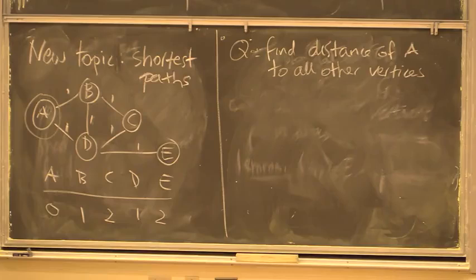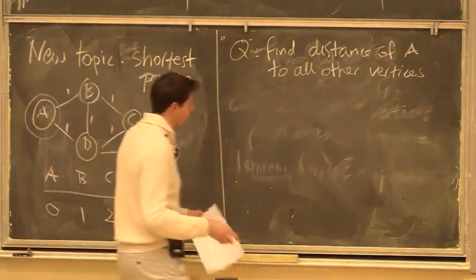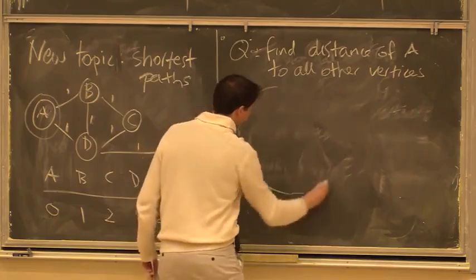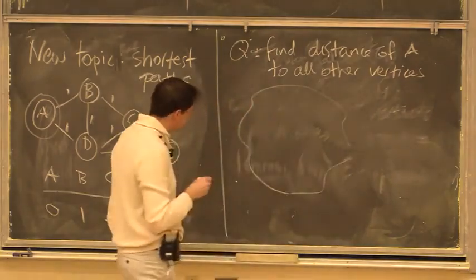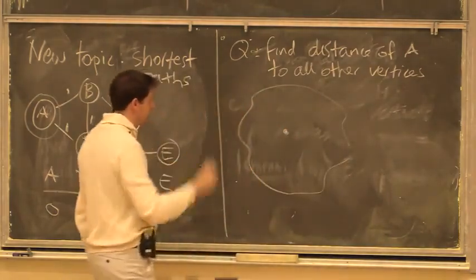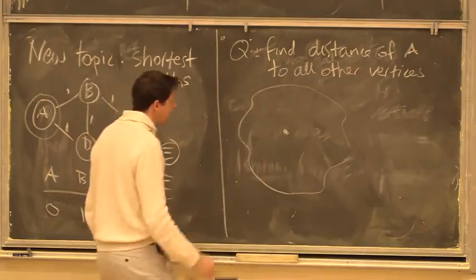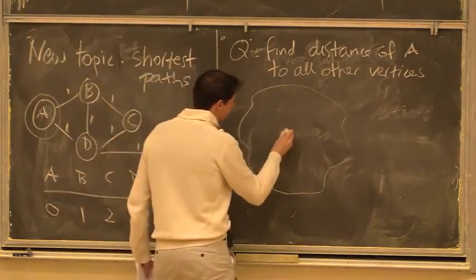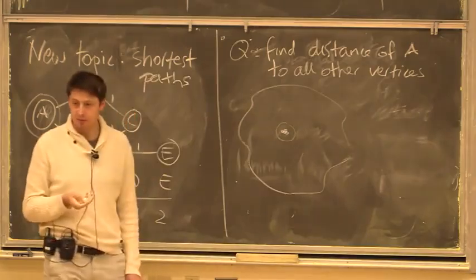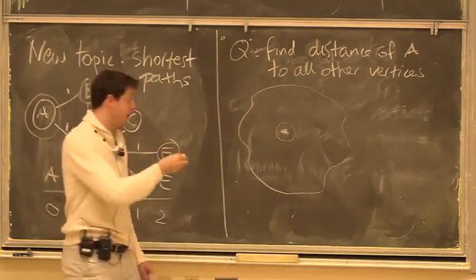Without jumping first into the algorithm, let me give some intuition, one way that I think is useful to think about. You have some arbitrary graph, and you have your starting point here. Let's imagine it's in the center, conceptually. This vertex is the unique vertex that has distance 0 to itself. I mean, to A, right?